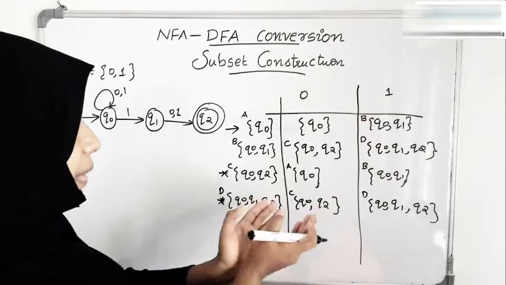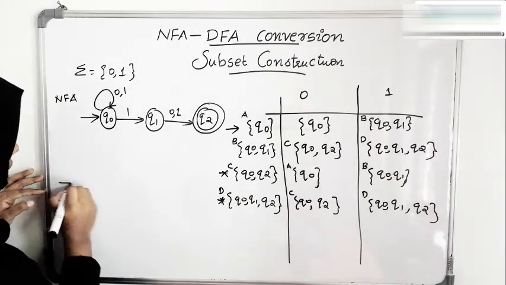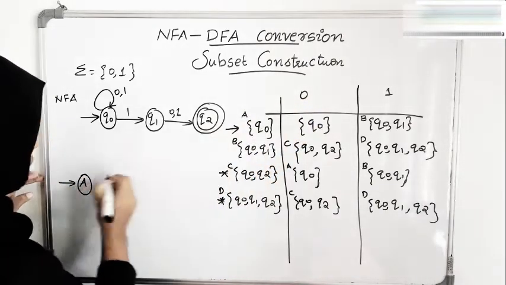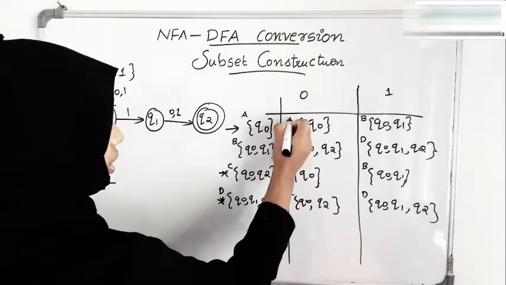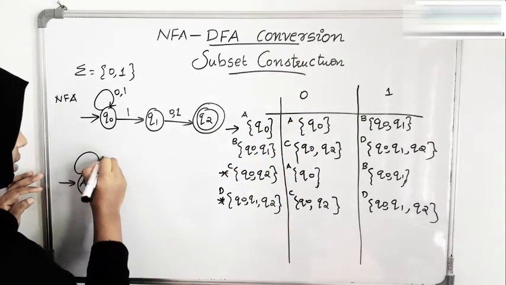Now we will simply put all these things back into a diagram. So the start state is A. When you apply 0 to A, you will get A itself.